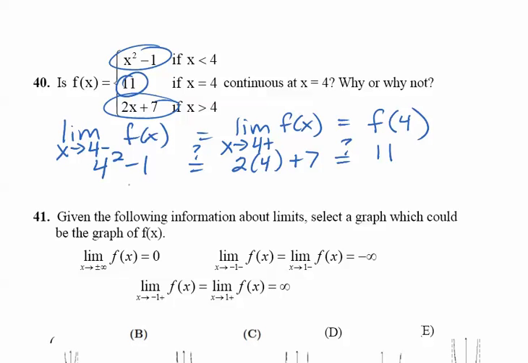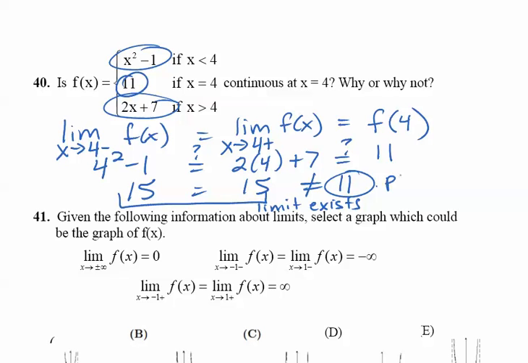So let's find out. Here we've got 15 is equal to 15 is not equal to 11. So these first two tell us that the limit exists. The limit exists, but then this point would be a pop point. So no, it is not continuous. No, it has a removable discontinuity.